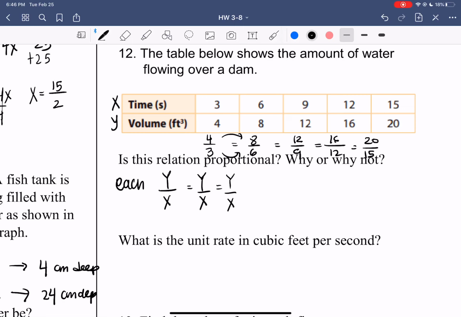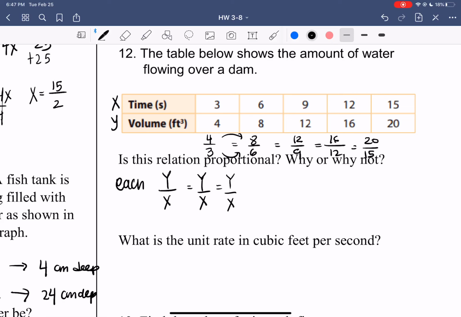So looking at this, 4 divided by 3 and 8 divided by 6 and 12 divided by 9 and 16 divided by 12 and 20 divided by 15.